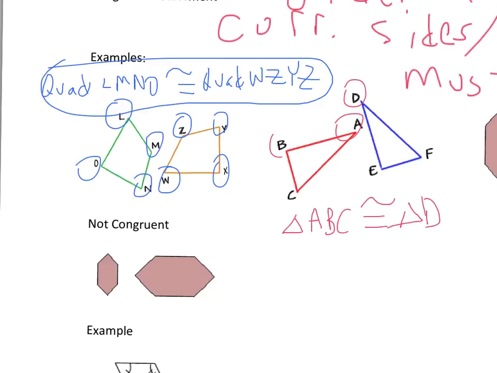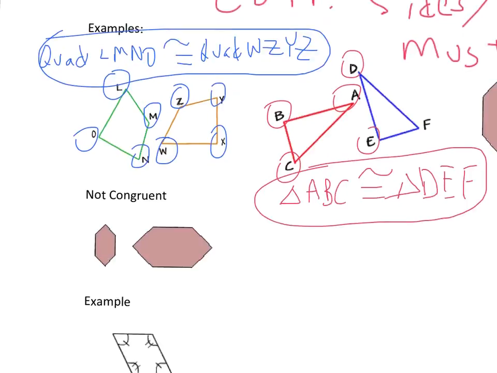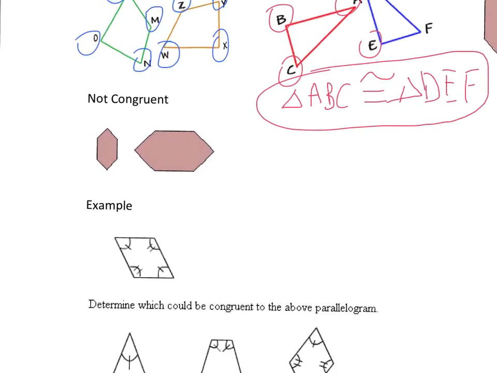Okay, and then we came down to B, so here we're going to come down to E, and then C corresponds with F. So triangle ABC is congruent to triangle DEF. Okay, obviously if two figures are not congruent, sides don't match up, vertices don't match up, they're not the same size.